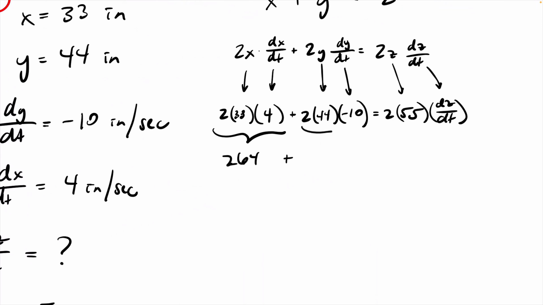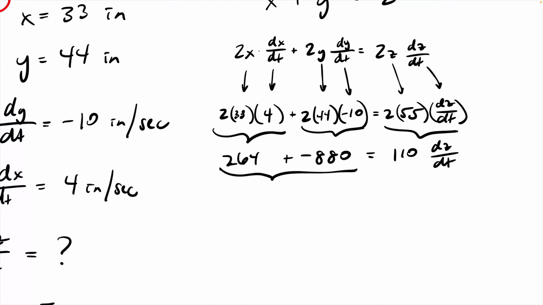When I multiply 2 times 44 times negative 10, I'm going to get negative 880. And then this one, I'm going to get 110 dz/dt. Add, you're going to get negative 616.